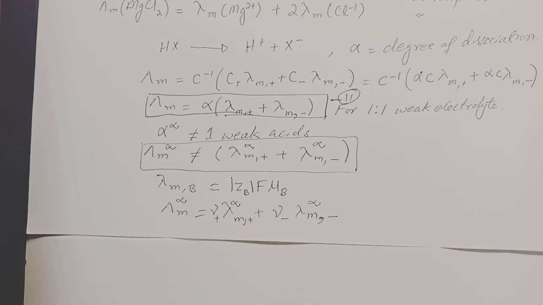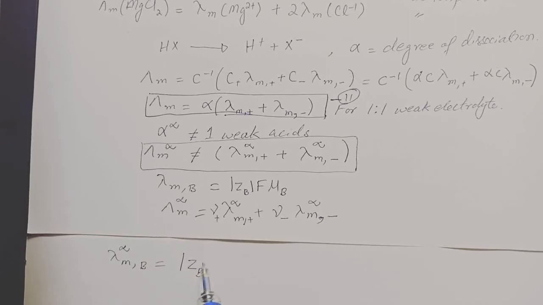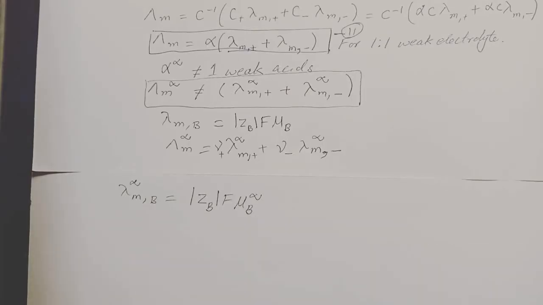So we can use the equation here. The molar conductivity of the species, let's say B, at infinite dilution is equal to the valency times Faraday's constant times its mobility at infinite dilution. So now this mobility is also related to another term known as transport number.